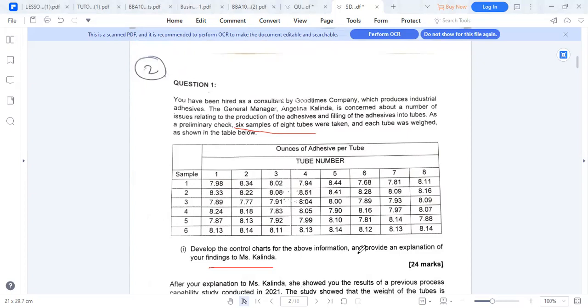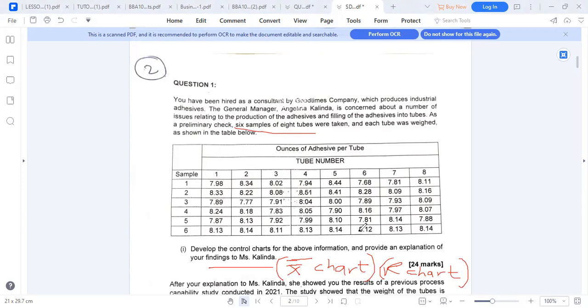There are 2 of them. So we can use an X bar chart, even if they didn't say. And we can also use our R chart, because we can find the range for these samples.